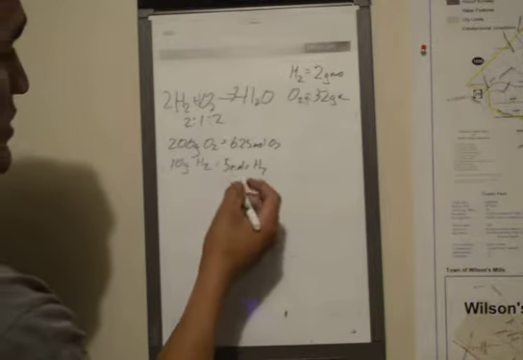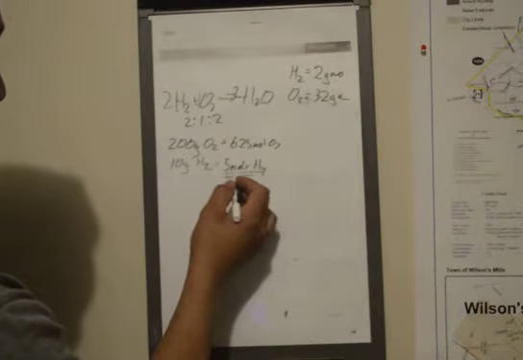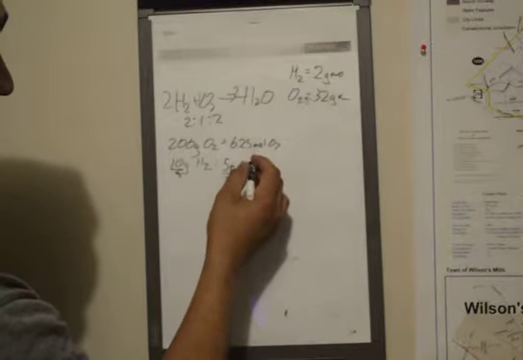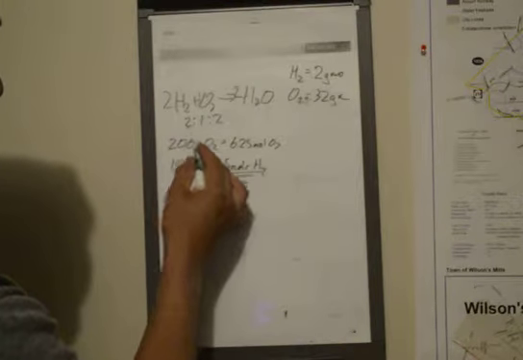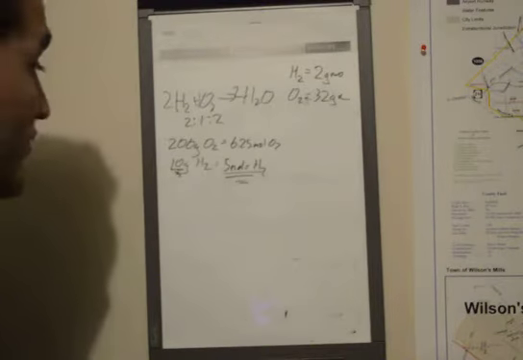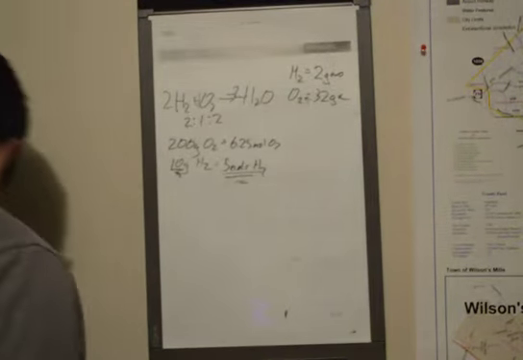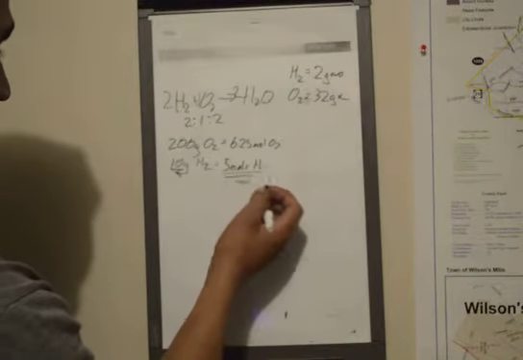That means H2 is your limiting reactant in this situation, because if you want to use 6.25 moles of O2, you need 2 moles of H2 for each one. So 2 times 6.25 is 12.5, which is not what we have. So in this case, our limiting reactant is H2.